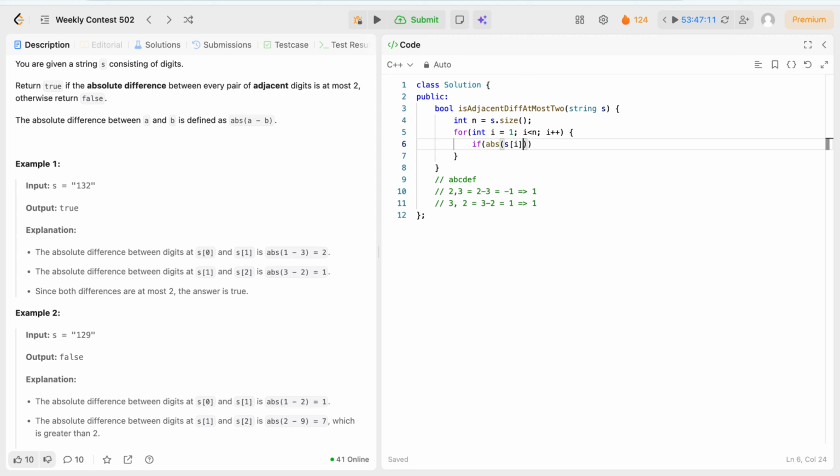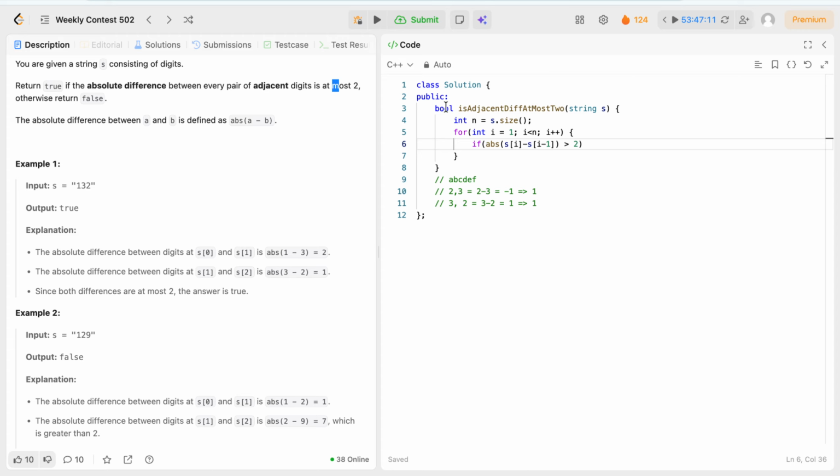So s[i], when we take the difference between characters, we don't need to convert it into a number. It will automatically find the difference. We check whether the difference between the characters is greater than 2, because for every pair it should be at most 2.